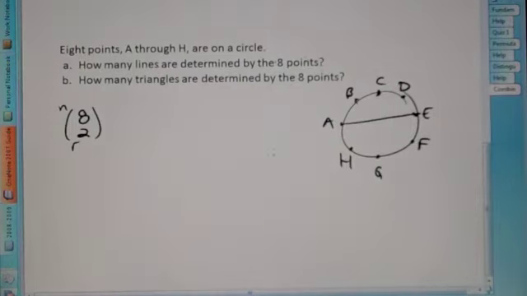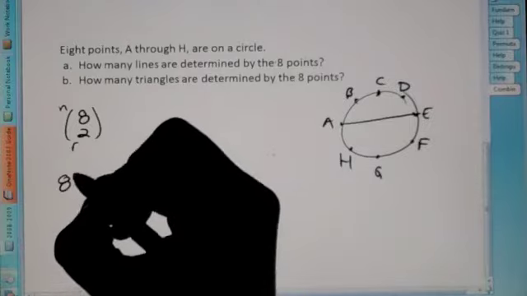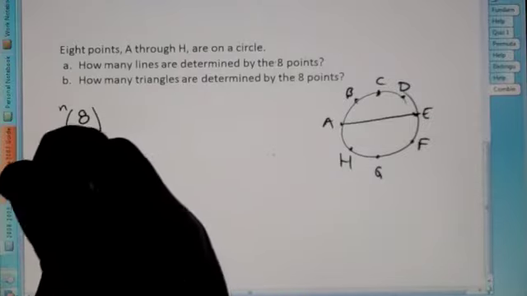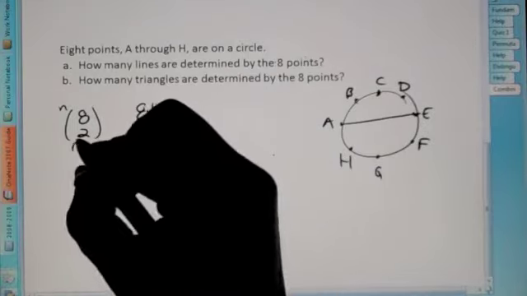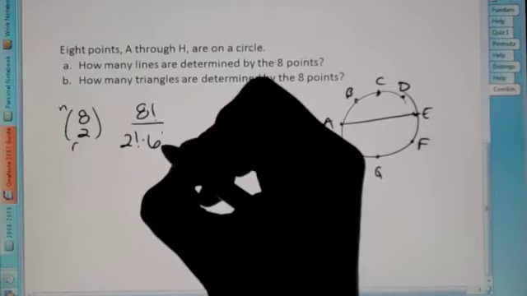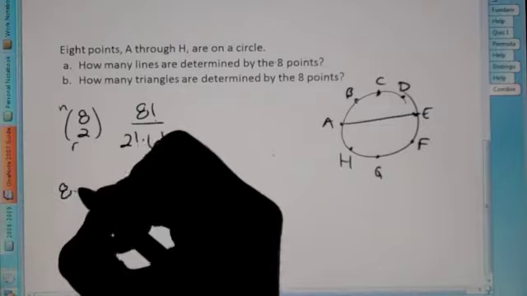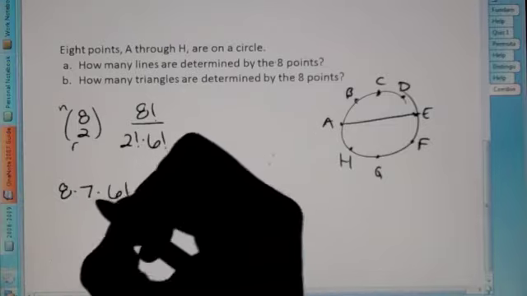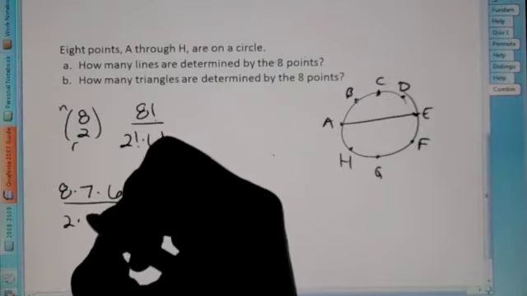So now we have 8 factorial over our r, so 2 factorial, times 8 minus 2, which is 6 factorial. When I break this down, I have 8 times 7 times 6 factorial over 2 times 1 times 6 factorial.